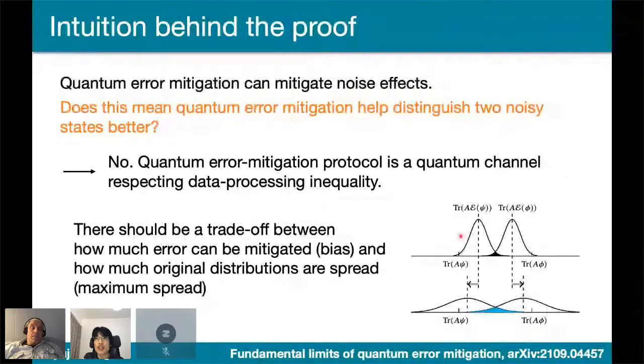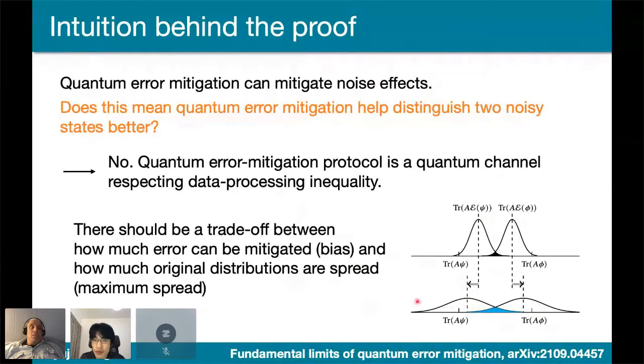Error mitigation can now separate these distributions apart from each other so that we can get a better estimate by taking the expected value of these two distributions. However, the data processing inequality says that this should not increase the distinguishabilities. So this leads to broadened distributions, and that is why the overlap itself should increase because of the data processing inequalities, so that everything makes sense.